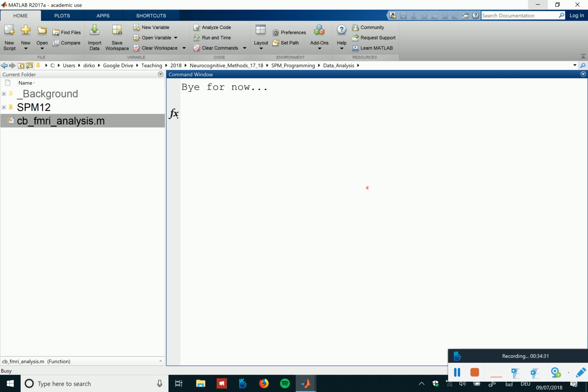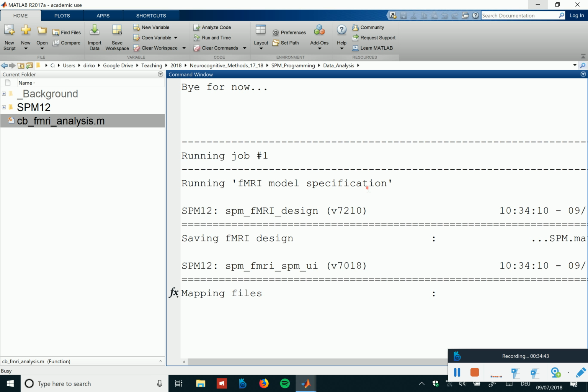What it's doing, of course, is that it has to estimate the GLM parameters for each voxel. So it extracts the data for each voxel from the data files, and then estimates the parameters based on this common design matrix, because it's a mass univariate analysis. The design matrices are the same for all the voxels.